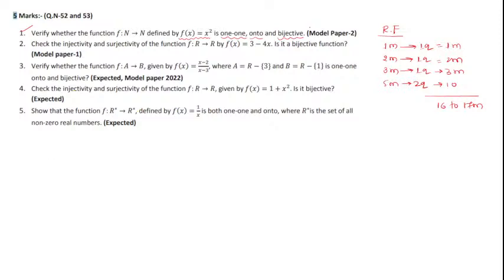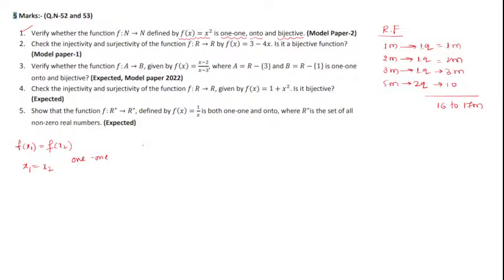Okay. See, to prove whether the function is 1-1, onto or bijective, there are some conditions. For 1-1 function, we have to consider f of x1 is equal to f of x2. Already you have done this in your classes, so just go through it as a quick revision. If f of x1 is equal to f of x2, then you have to prove x1 is equal to x2, then the 1-1 function is satisfied.